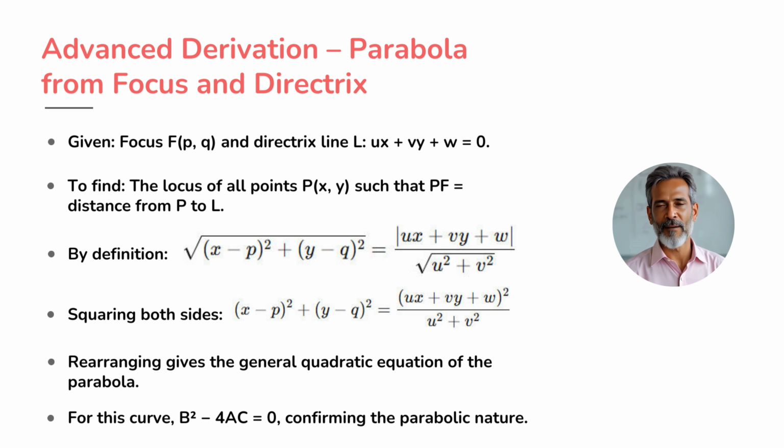That gives us (x − p)² + (y − q)² = (ux + vy + w)² / (u² + v²). If we expand and simplify this expression, we arrive at the general second-degree equation of a parabola. And here's the most important part. For every parabola, the discriminant satisfies the condition.